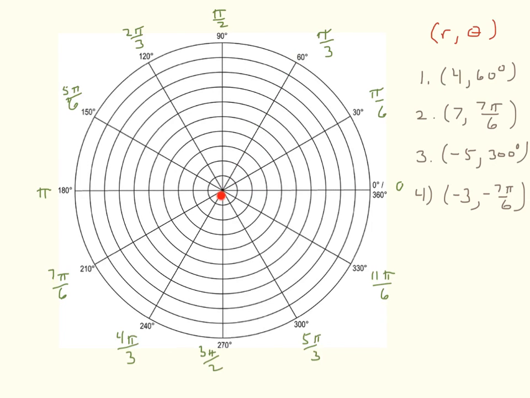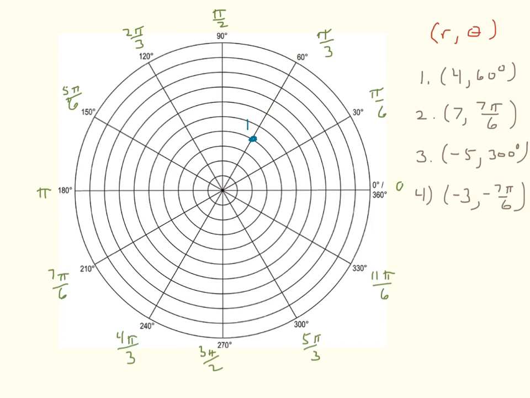And now with the 4, I am going to move 4 circles out. So 1, 2, 3, 4. And I will put a dot. And that is point 1, which is the point 4, 60 degrees.